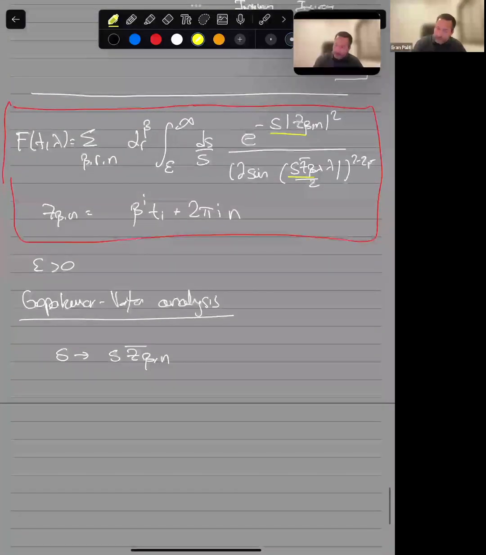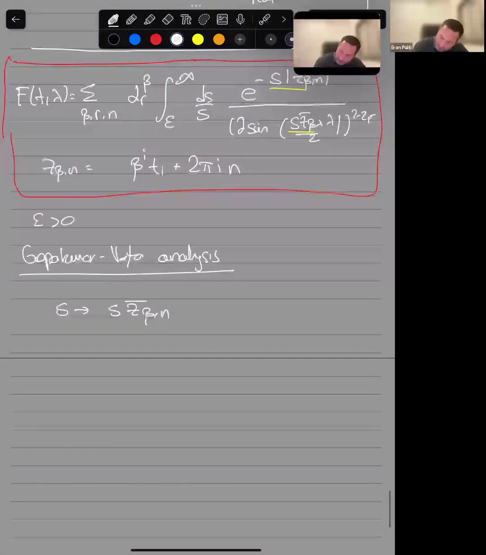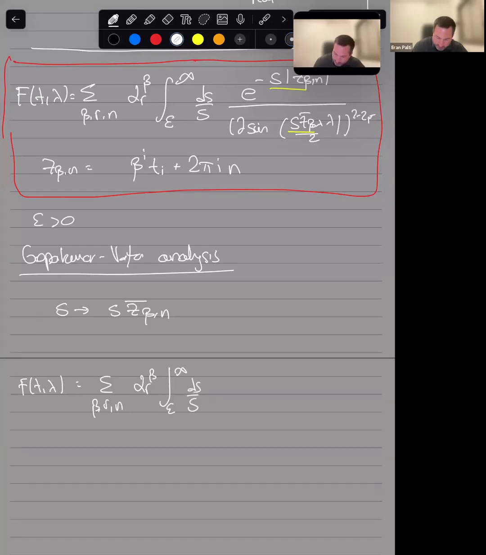And so after you do that change, we can write, then you can write as the sum alpha r beta integral epsilon ts over s.